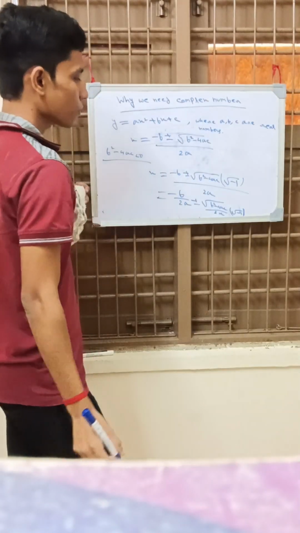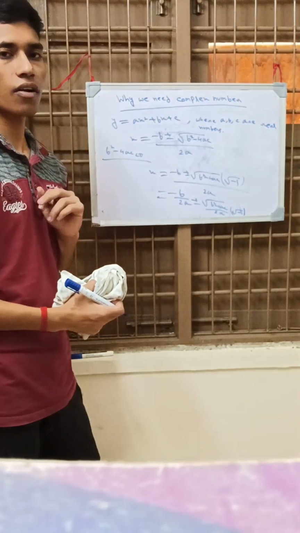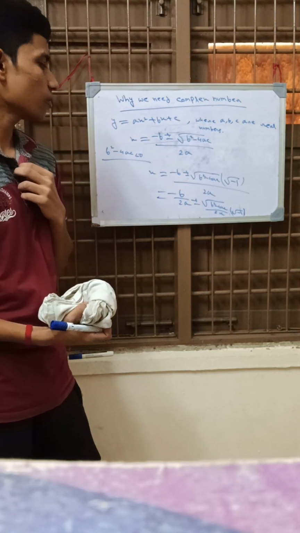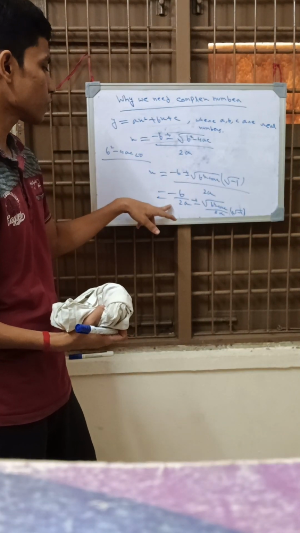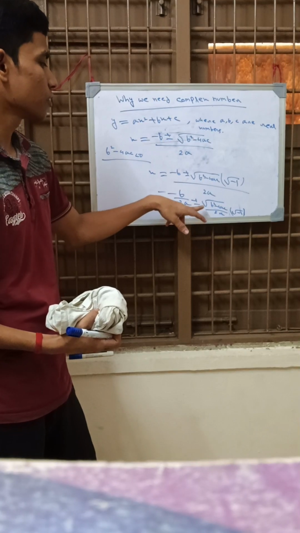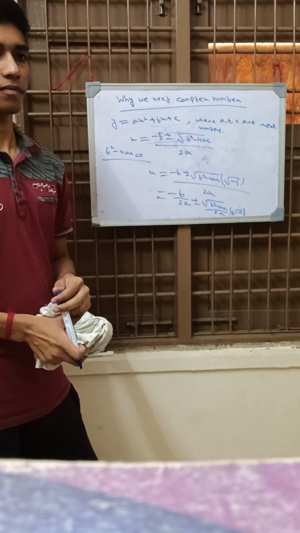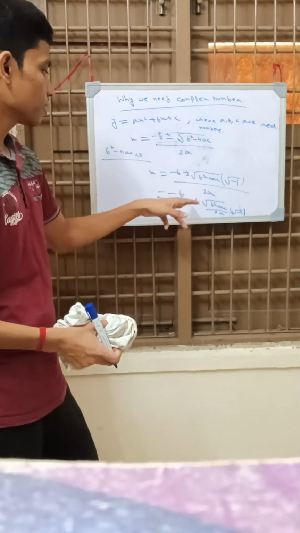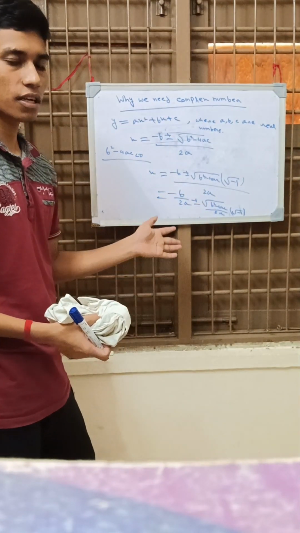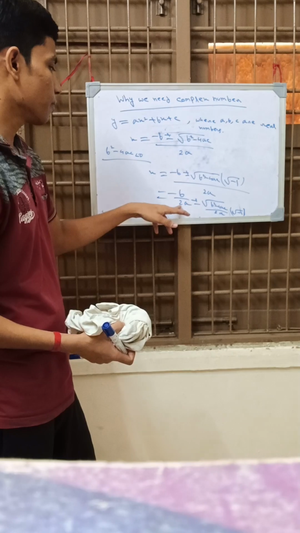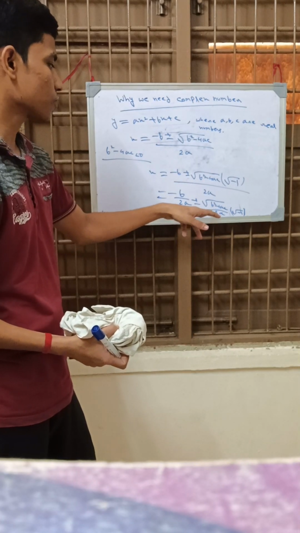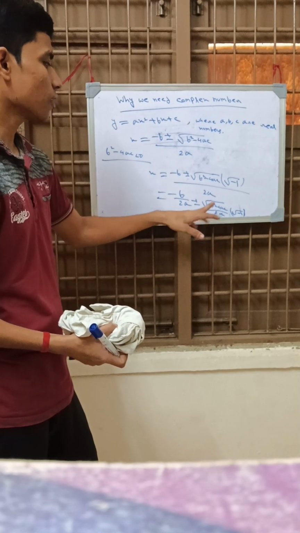So suppose this number, square root of minus 1, exists. Now our solution looks like minus b by 2a plus minus the square root of the positive quantity by 2a, into square root of minus 1. Both minus b by 2a and this square root term are real numbers.